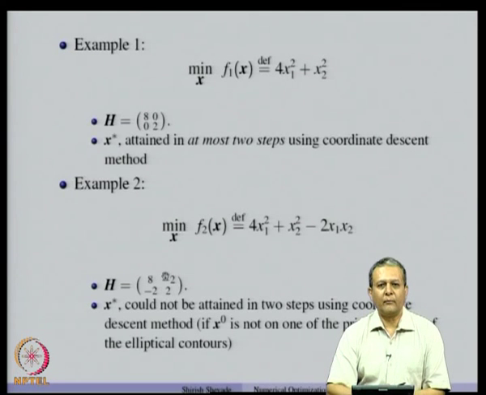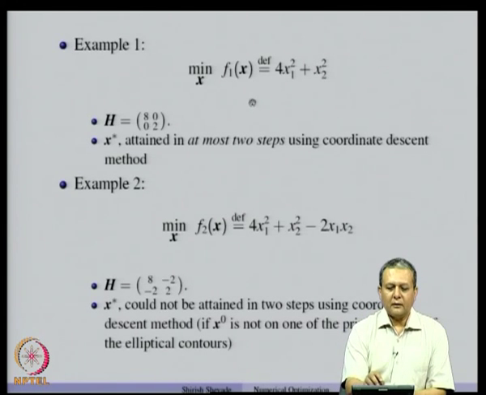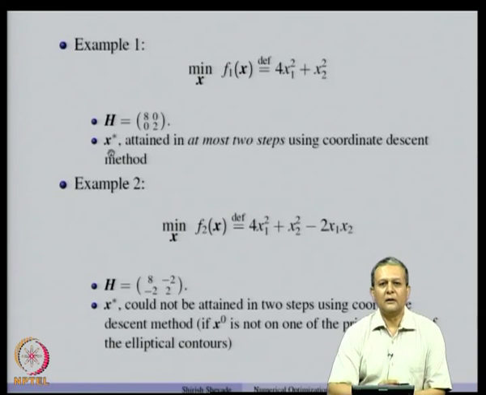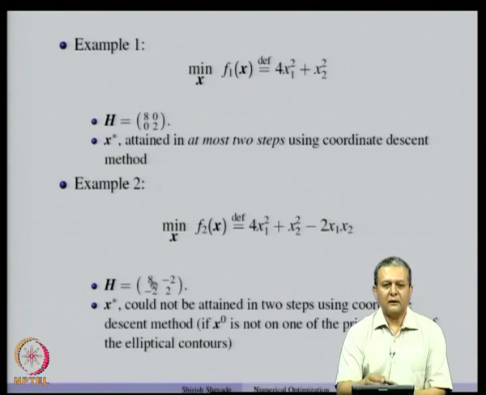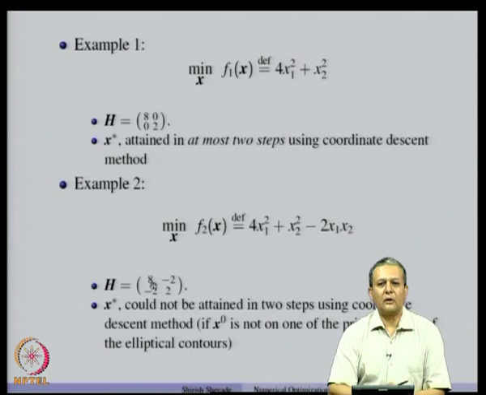When we used coordinate descent to solve these problems, we saw that when we minimize f1(x), we attain the solution x star in at most 2 steps, while for f2 we required more than 2 steps. So, the main problem is that the Hessian matrix is not a diagonal matrix.